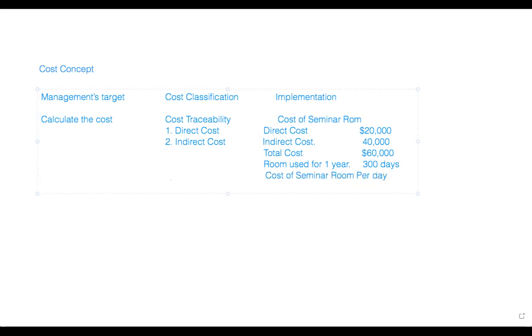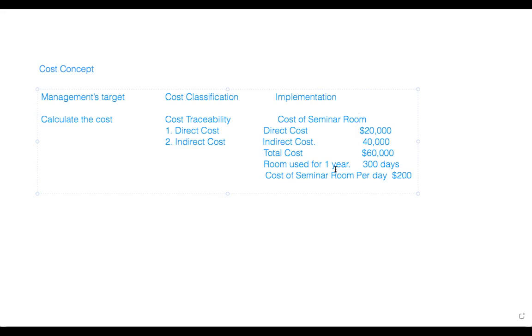We can easily calculate it by dividing the 60,000 total cost by 300. So we got $200 per day. That was the implementation for the first one, the cost traceability.